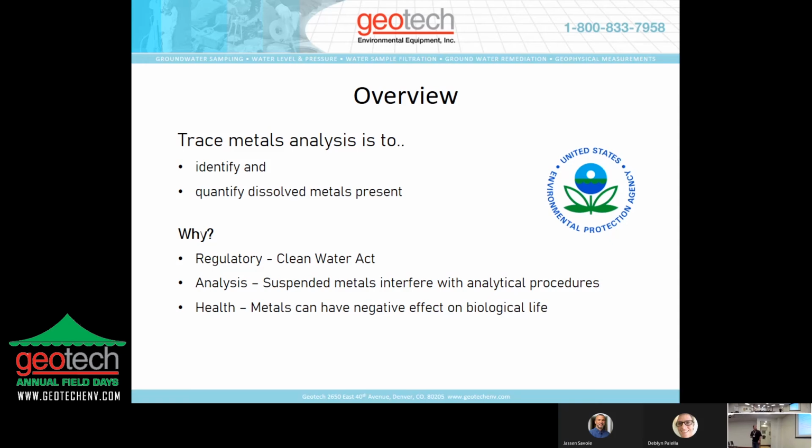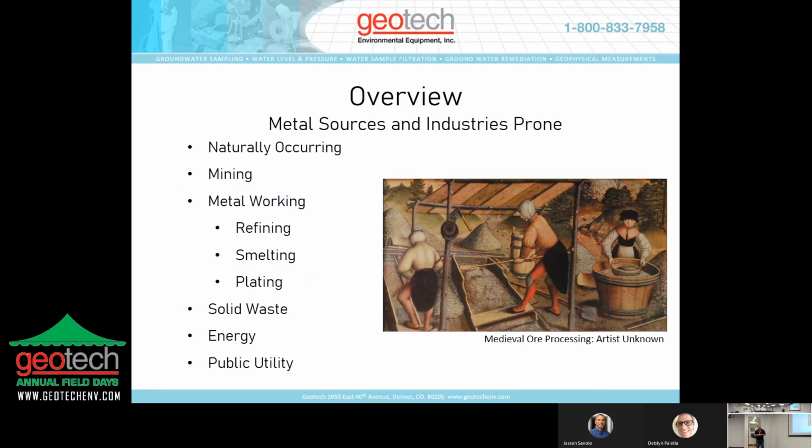It's required under the Clean Water Act, starting back in 1972. And then suspended metals interfere with analytical procedures, which I mentioned earlier. And then health, obviously, certain metals can be really bad for us. We need to have metals in our systems, but not too much. So monitoring those water bodies to make sure that we're okay for drinking water, and other ecological systems will also help you.